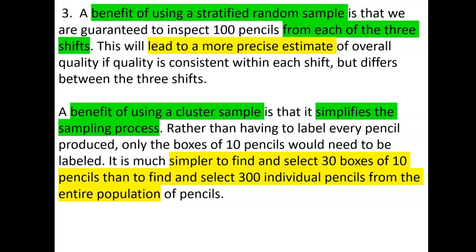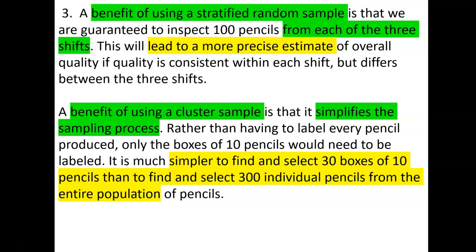So this is used a lot when there's humans involved in the manufacturing and machines, because sometimes the humans are the problem, and sometimes the machines are the problem. So that's something to think about for stratified sampling. While we are going to put the results together to get an overall estimate, you could also separate them and keep them separated into strata and compare within the strata or between the strata.